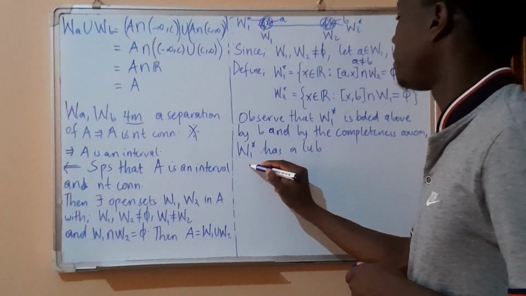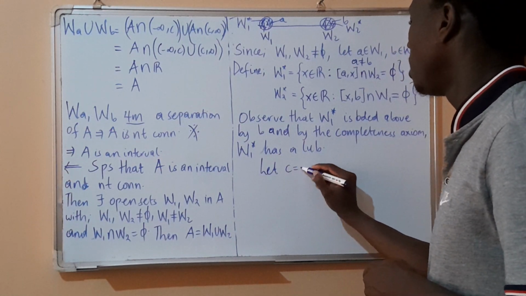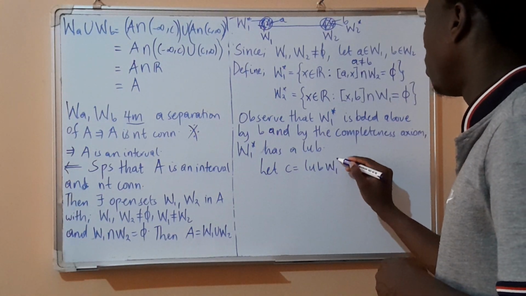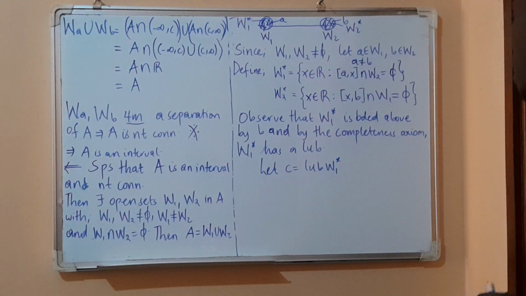So let C be the least upper bound of W1 star. What do we observe about that least upper bound? Observe that W1 star is bounded above by B, and by the completeness axiom, W1 star has a least upper bound.